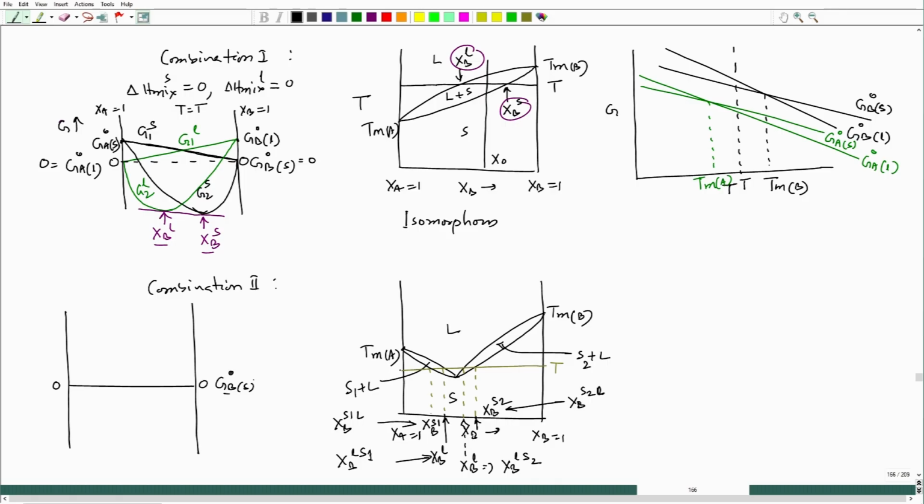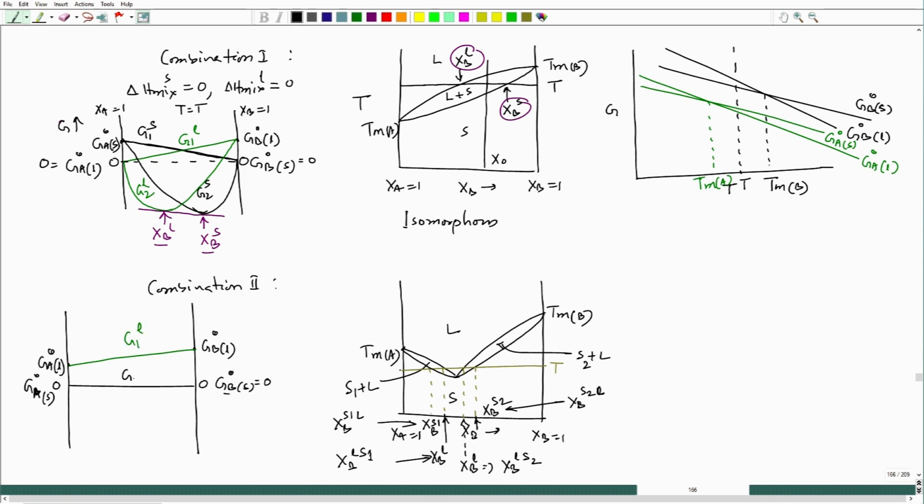Okay. So, this stability is maximum, so we can put it as a 0 reference, and this is G A naught solid, and corresponding positioning of G A naught liquid, and here this will be G B naught liquid. Okay.